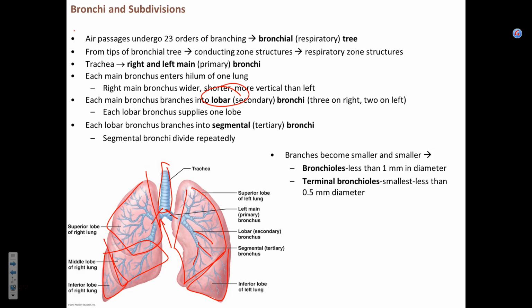You can imagine that the smallest bronchi, we call them bronchioles, are really, really tiny. Now, the smaller and smaller they get, the less and less cartilage they have. Basically, small bronchioles have only connective tissue.